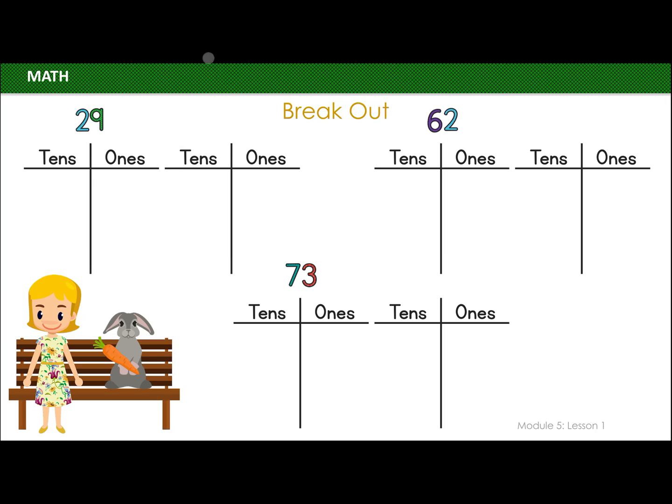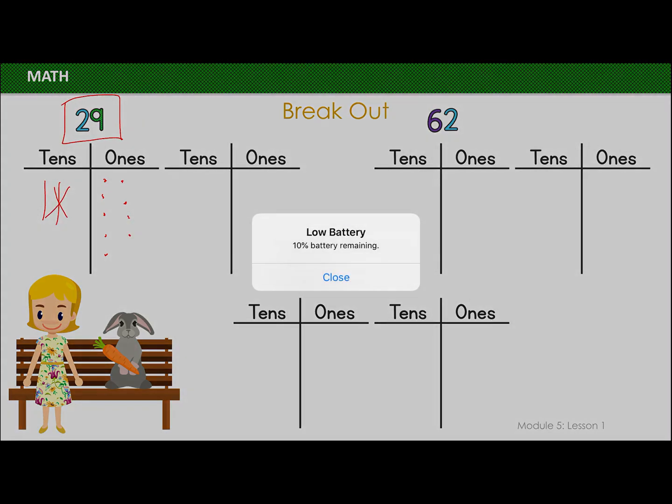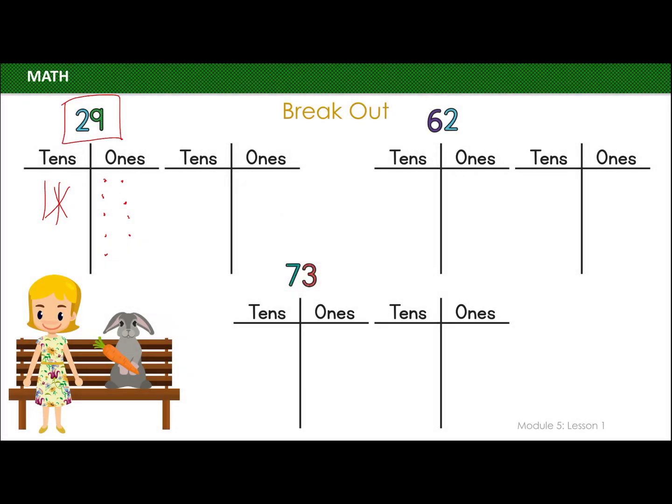All right, my last page for you today is going to start with 29. So 2 10 sticks, 9 ones. I'm going to cross off my 10 stick, regroup it into 10 ones.